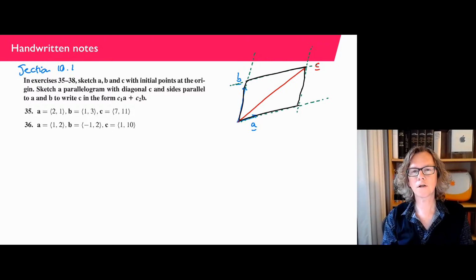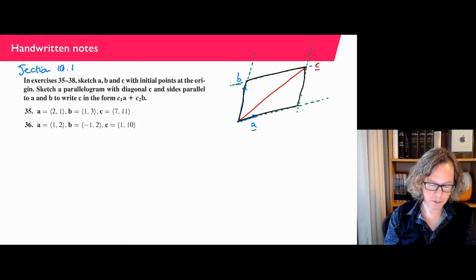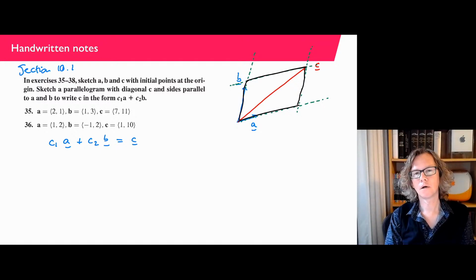So that is just understanding the question. What are they asking here? Actually solving it is a lot easier, because what they're asking is to write some constant C1 times A plus some constant C2 times B, which should equal C. So this is really in mathematics the question. C1 and C2 are two numbers.